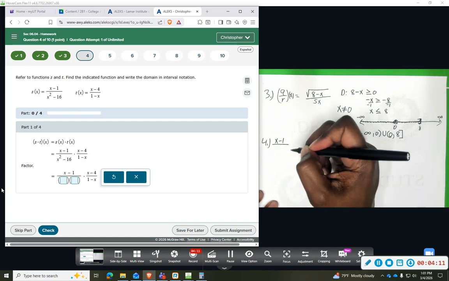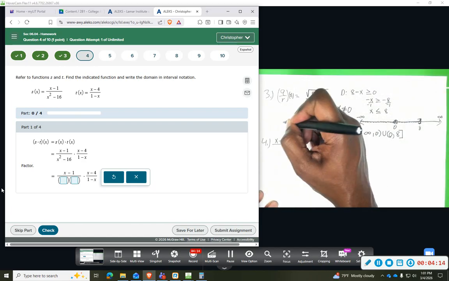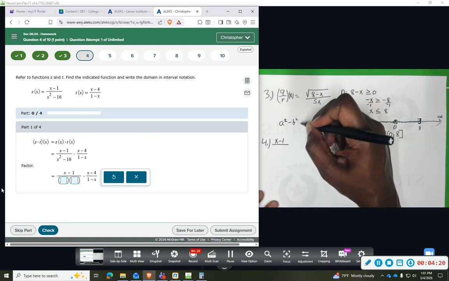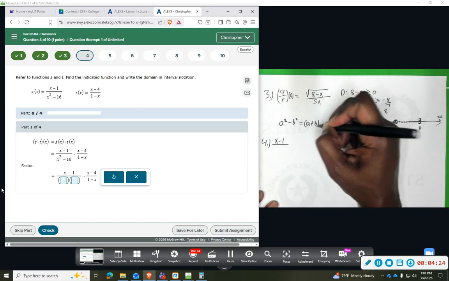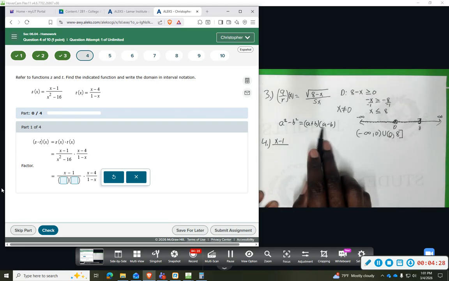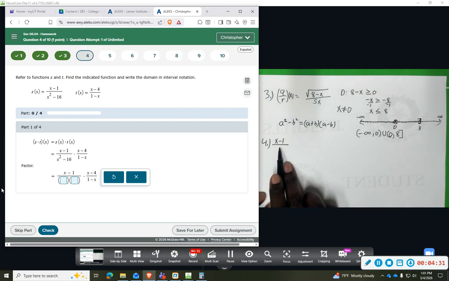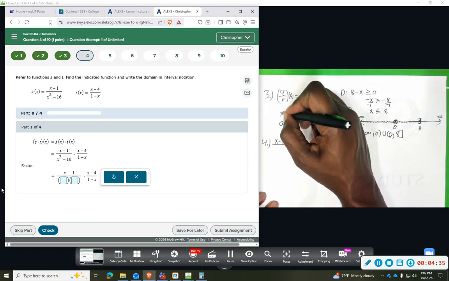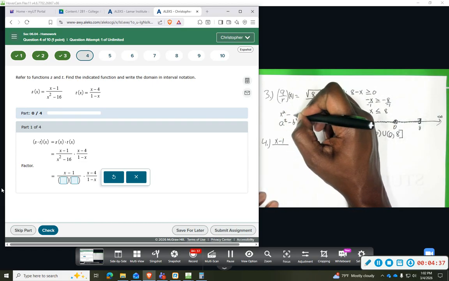Okay, so that is a difference of squares. If you remember, difference of squares is a squared minus b squared, two terms that are perfect squares, and they factor to be a plus b, a minus b, the difference of squares formula. So I'm going to do that to the x squared and 16. 16 as a perfect square is 4 squared.